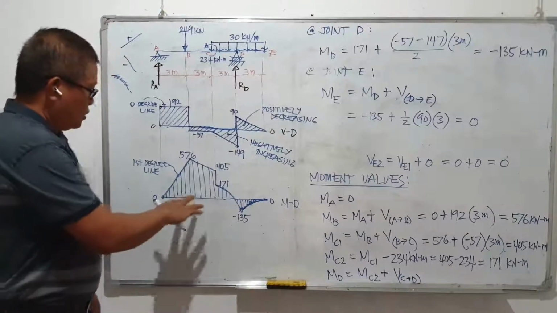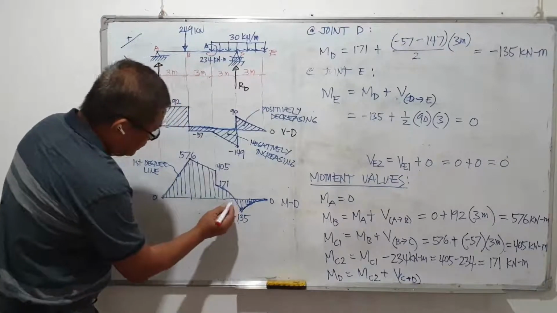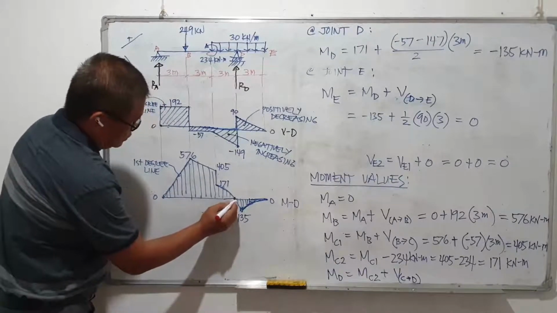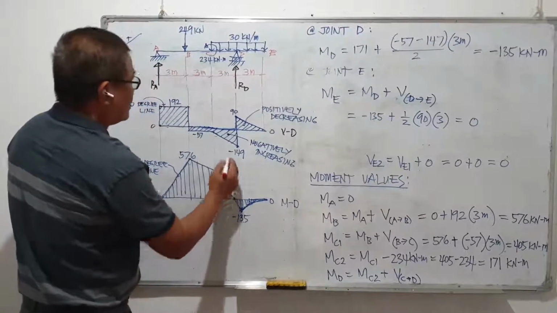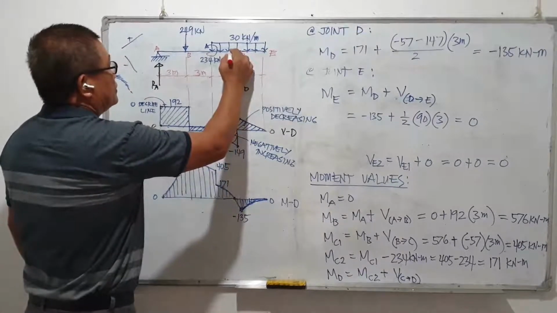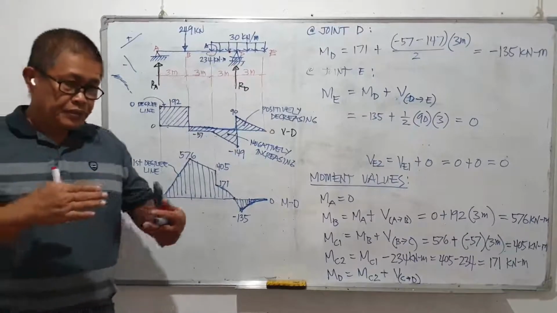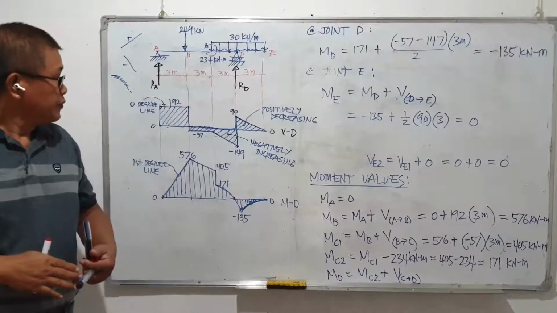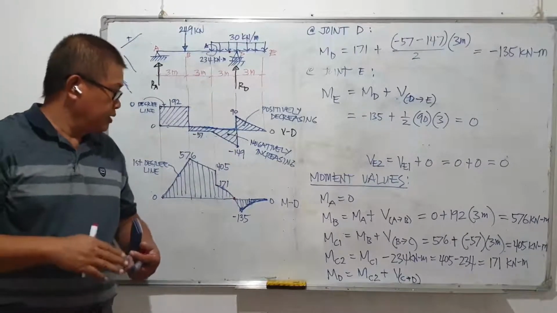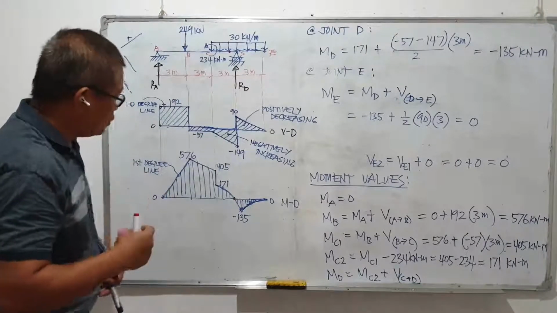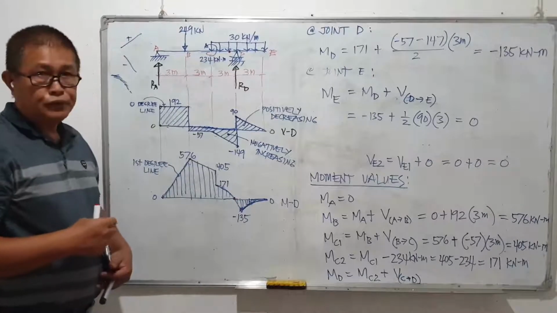And then there is a point here where moment is 0. Corresponding to that point in the beam diagram, it's where the stress is 0. Here, the moment is 0, therefore the bending stress is 0. And that will also be the location of our point of inflection.